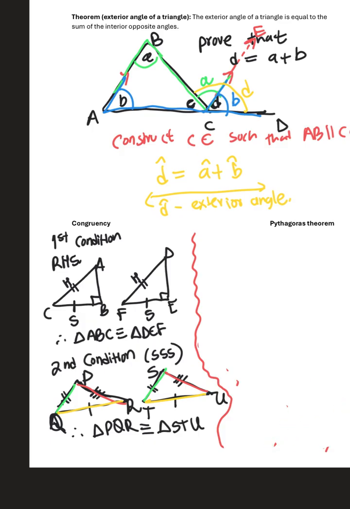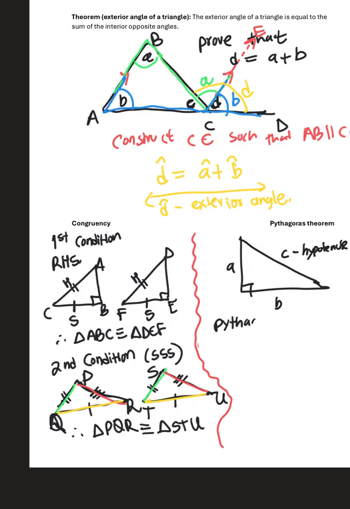The Pythagoras theorem says that in a right angle triangle with sides A, B, and C, where C is the hypotenuse, a squared plus b squared equals c squared.